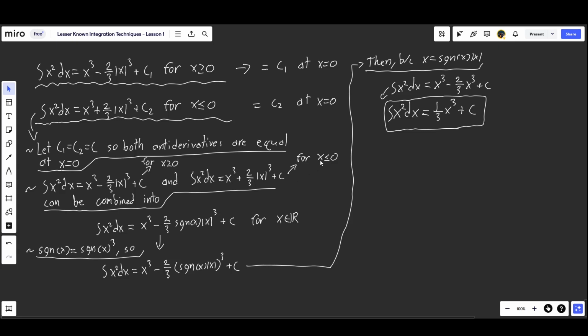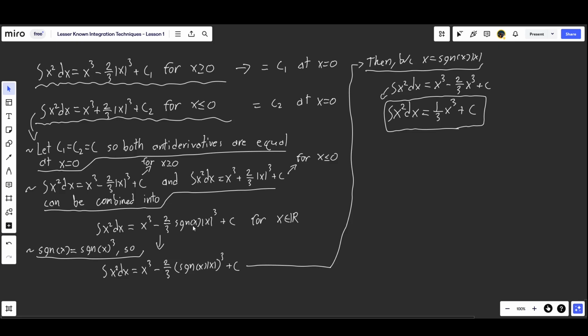And when x is less than or equal to 0, or x is negative or 0, it is contributing to flipping the negative sign, and it flips it into a positive sign by multiplying into it. If we view it in this way, we can say that there is a sine function right next to the 2 over 3.